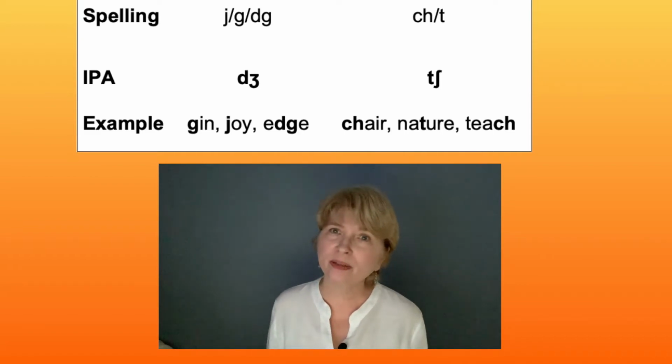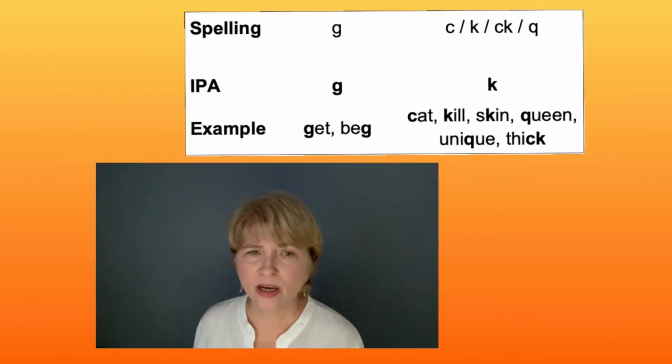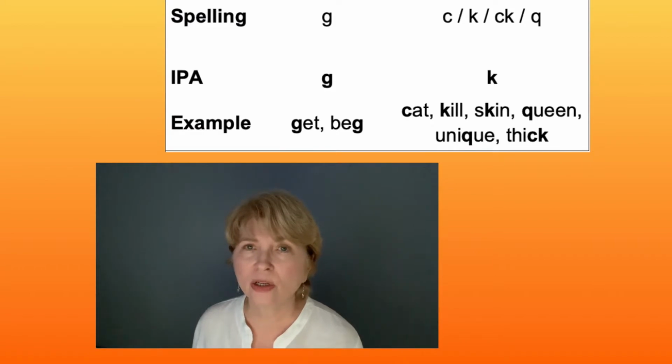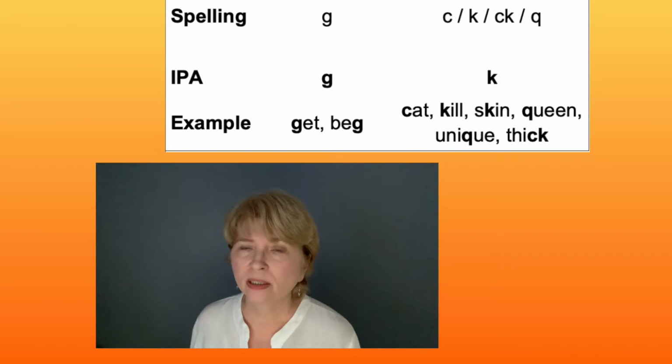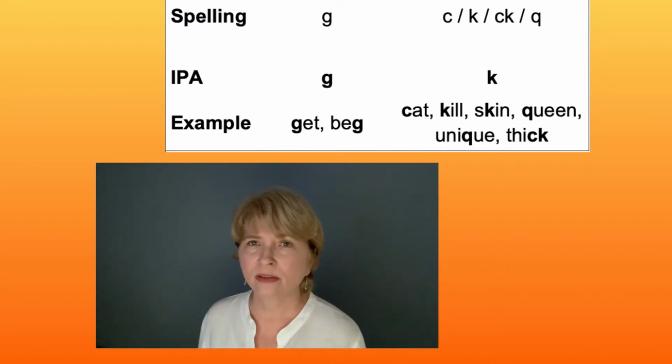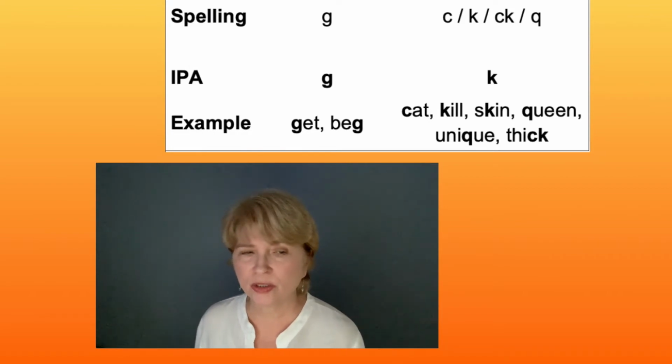Let's keep going. Next we have the g and k. Again, these are the same sounds except the G sound, the g, is voiced, and the C or K sound, k, is not. G, g, get, beg. As you can see, there are many ways to spell the k sound.